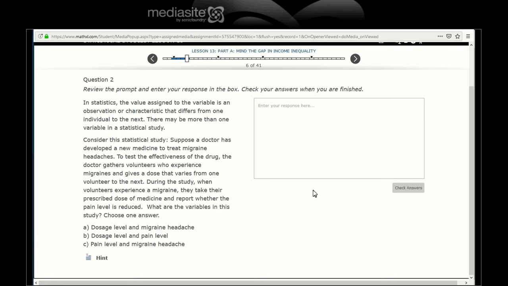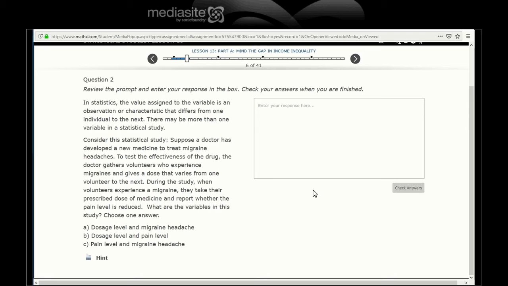During the study, when volunteers experience a migraine, they take the prescribed dose of medicine and report whether the pain level is reduced. What are the variables in this study? Choose one answer. So the variables would be, let's see, dosage level and migraine headache. Dosage level, pain level. Pain level, migraine headache.